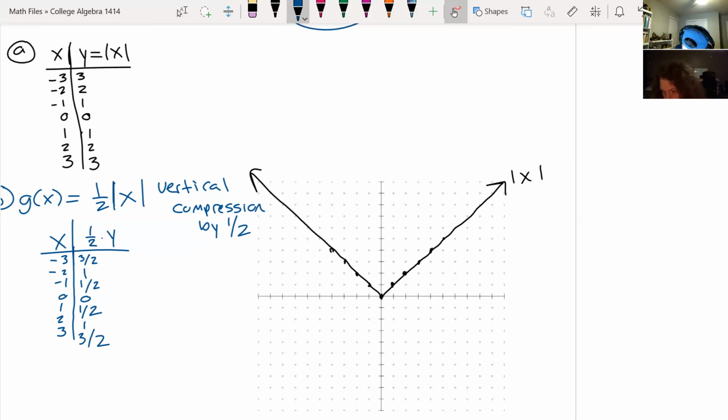So right here. And then -2 and 1, -1 and 1/2, 0, 0, 1 and 1/2, 2, 1, and then 3 and 1/2. There we go.